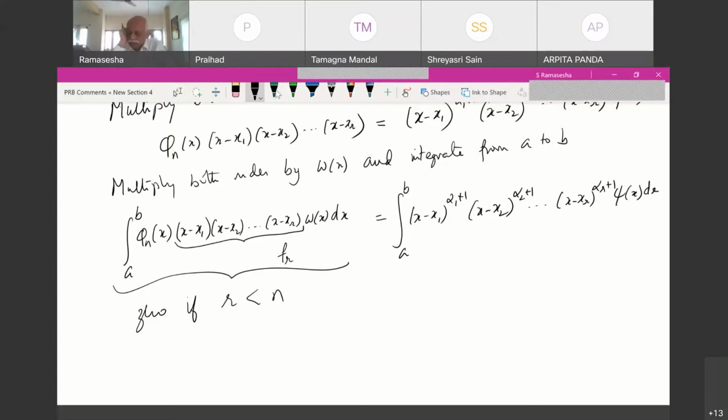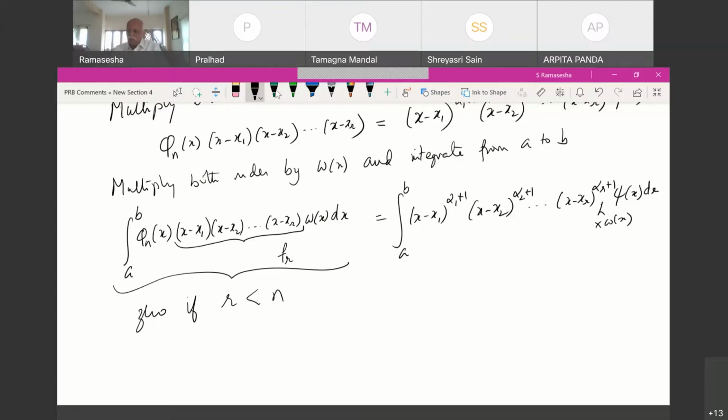Now, what can you say about the right hand side? This I have to multiply by w x. Does it change sign in a comma b? (x minus x1) to the power alpha 1 plus 1, alpha 1 is odd, so it is always positive.